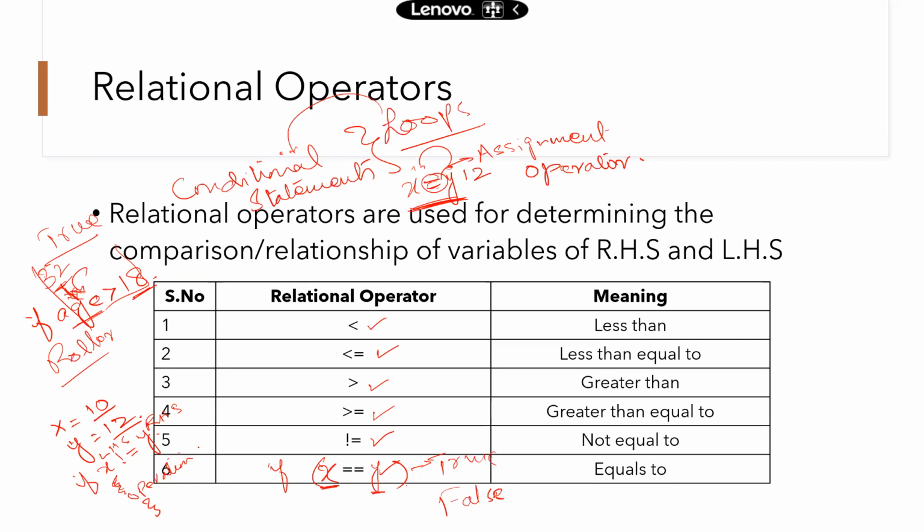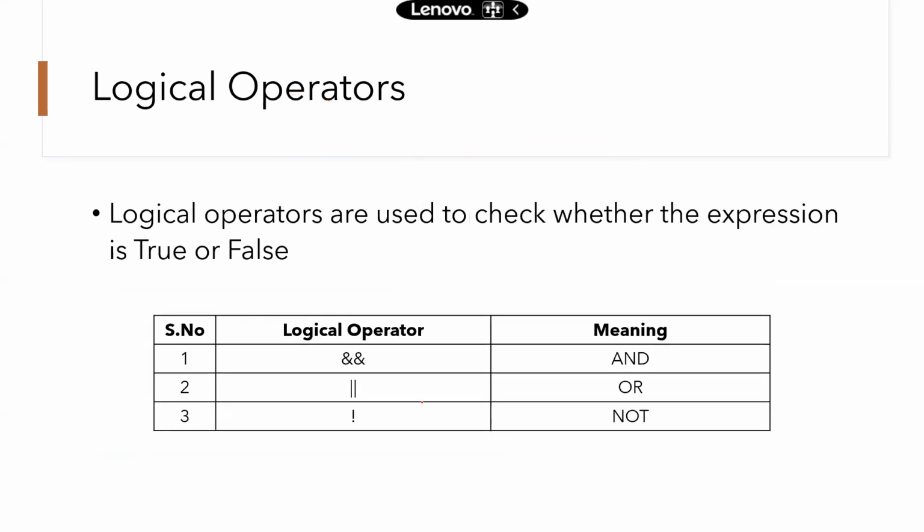But there are some logical operators which we are going to use on the later stages, which would say whether this condition is true or false. And, or and not, these are the three logical operators which can determine, right? So they can determine whether the expression is true or false. We are going to use it very shortly.